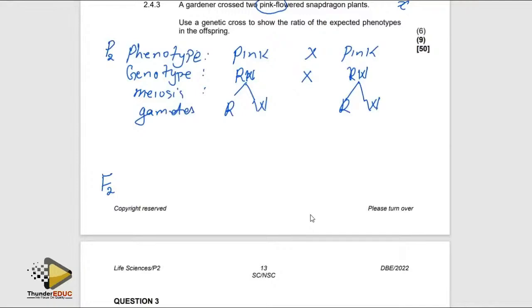In most cases, I always tell my students not to leave these gametes naked. They're not at the beach. All right. We circle them. Even if you don't, it's still a tick, but I prefer to circle them. Why? So that we can differentiate them from the genotype. And always know that there must be a space between these two gametes. Don't combine them, because when you combine them, it will look like a genotype. There must be spaces there.